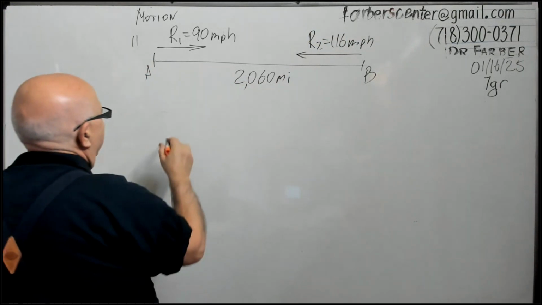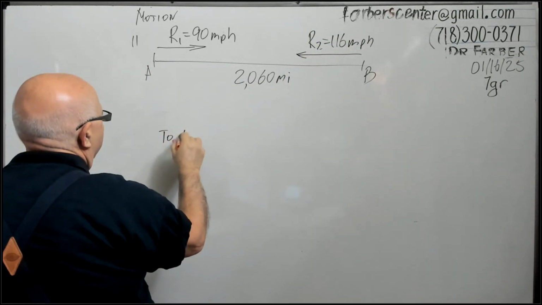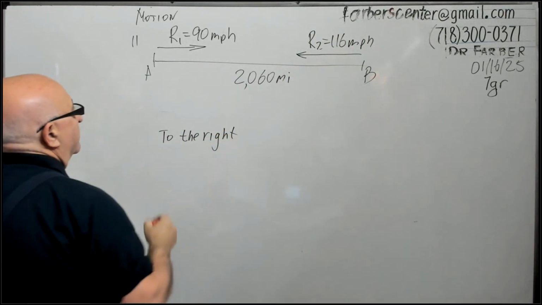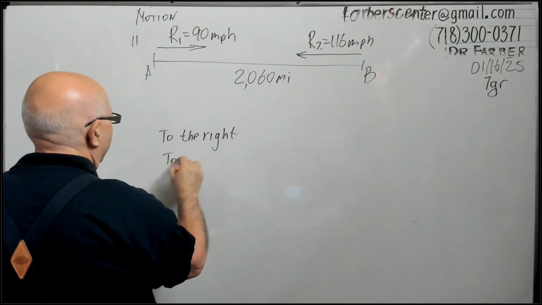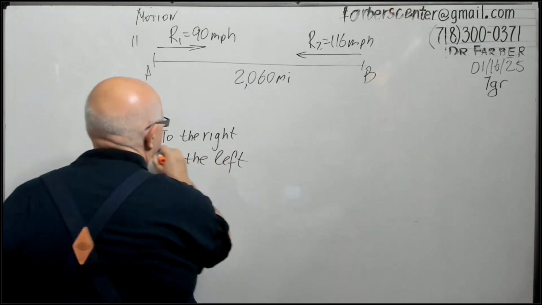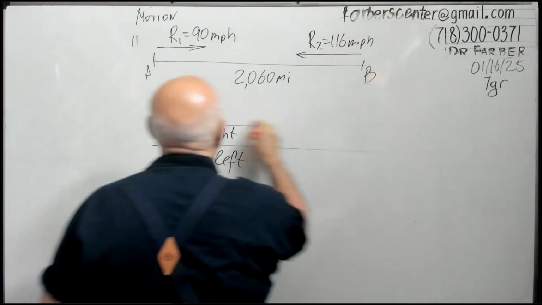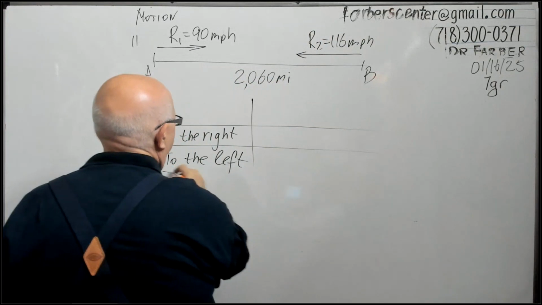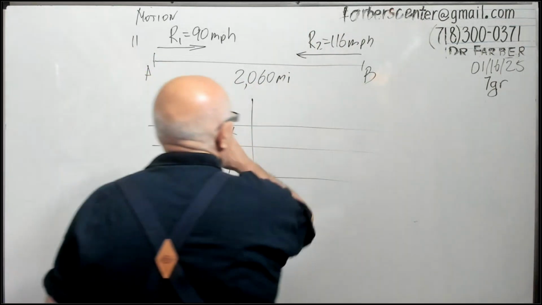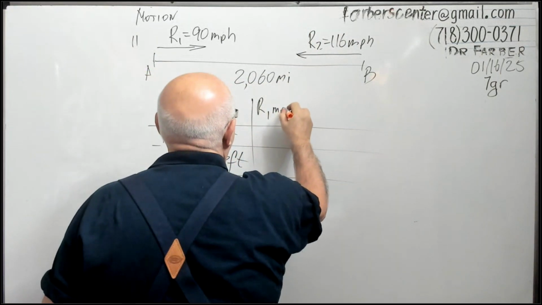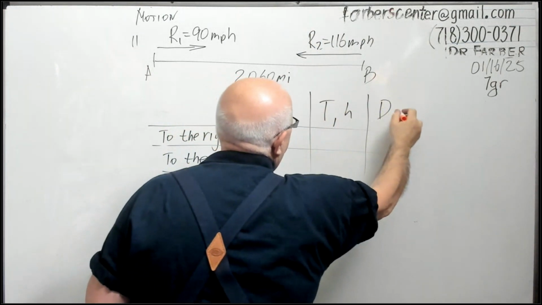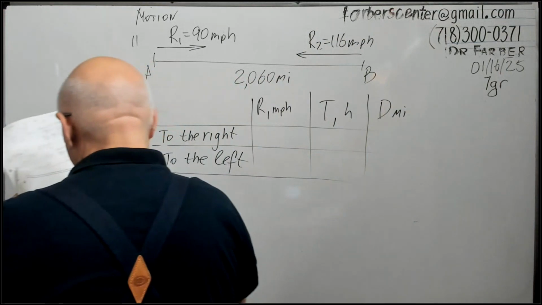Okay, let me make one to the right and one to the left. You can write whatever you use. Two attributes. You can write from Portland, from St. Louis, wherever you have. Rate in mph, time in hours, distance in miles. And what do they ask you about?